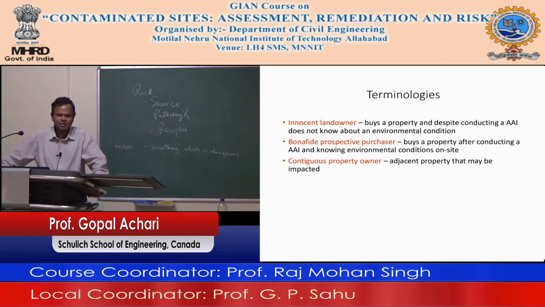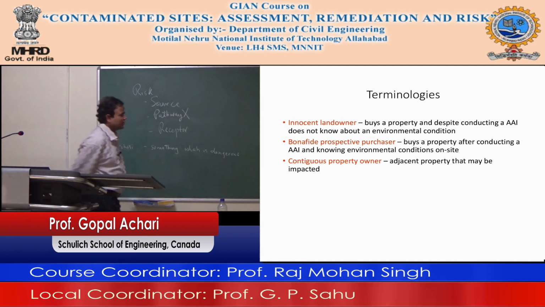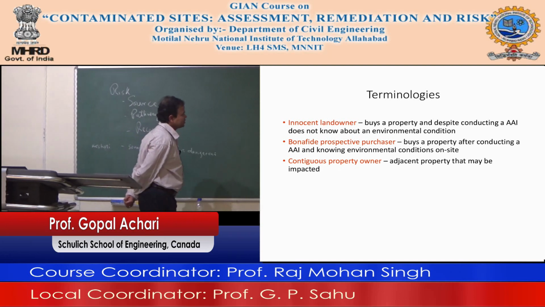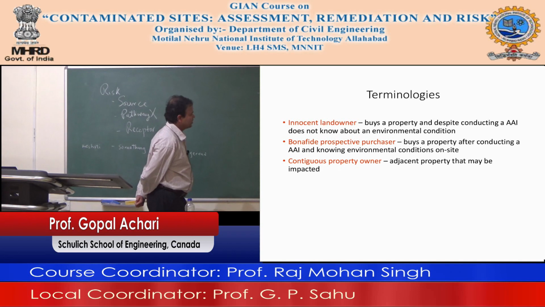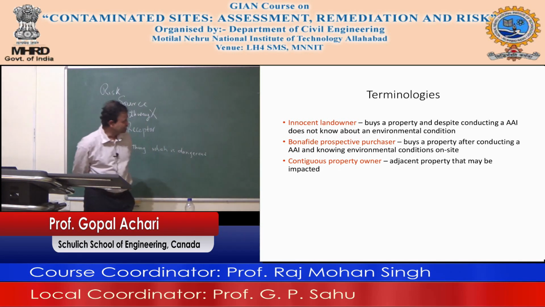So you conduct a subsurface investigation, do some monitoring, but you still are not able to detect anything. That's what is known as an innocent landowner. You have done your due diligence, but you're not able to detect it. A bona fide prospective purchaser buys a property after conducting AAI and knowing the environmental conditions on site.